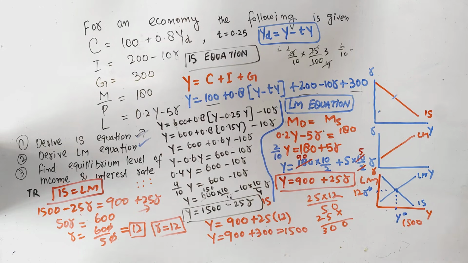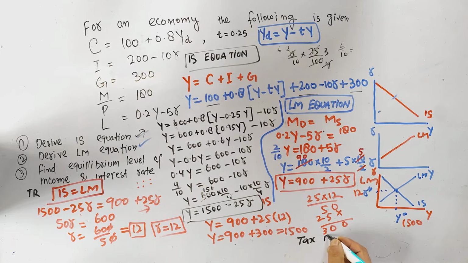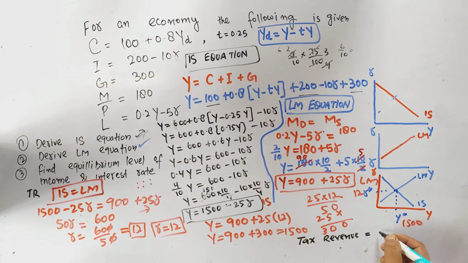Now we have to find the tax revenue in this equation. Tax revenue will be the marginal tax rate, which is t, times the equilibrium level of income. So the marginal tax rate is 0.25 times the equilibrium level of income.